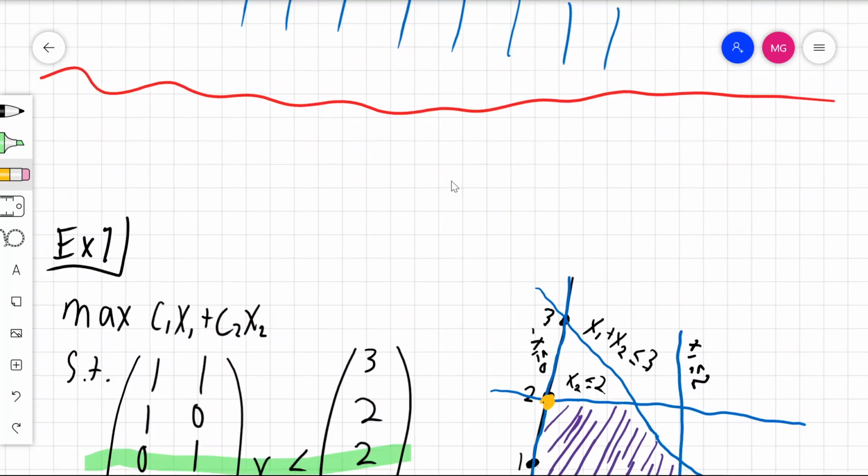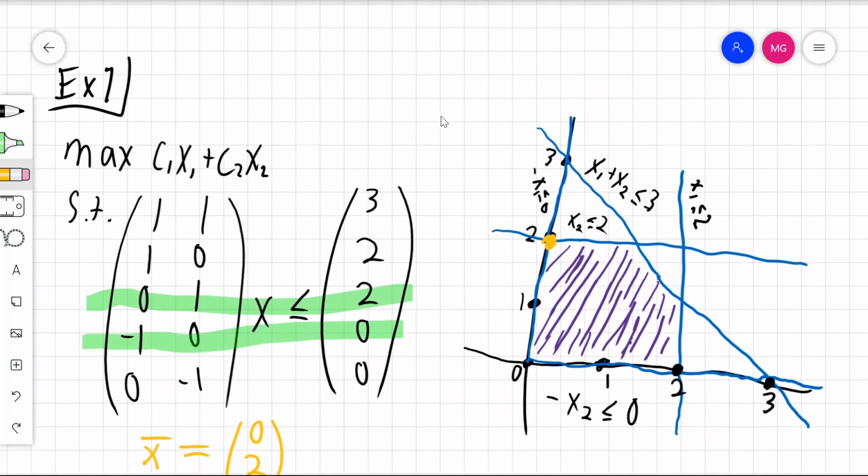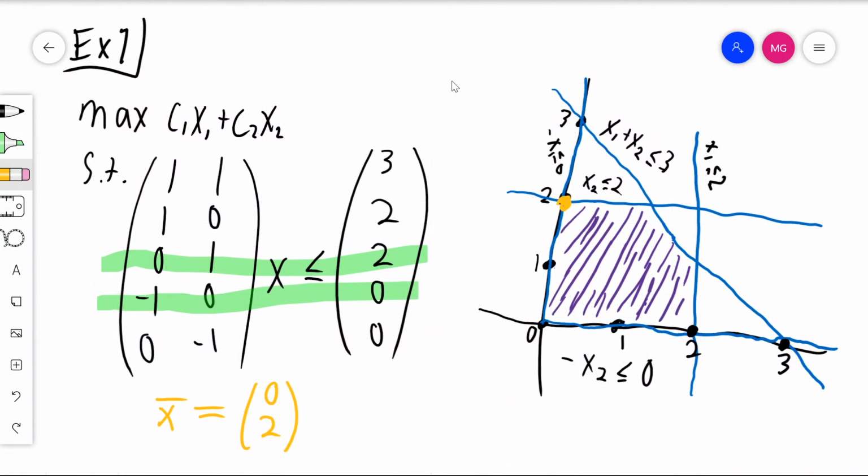Let's take a look at a few examples. Here's the linear program that we've been working a lot with, although I still haven't filled in an objective function because it's not really relevant right now. What's relevant is the system of inequalities. I've highlighted the point x bar equals (0, 2), the yellow point right here, and we can look at the tight constraints for that point, which I've highlighted in green.